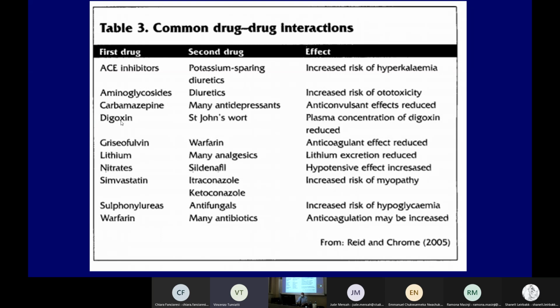Also digoxin, you know, digoxin is a natural product, and digoxin is very toxic. And so we have to check very carefully the fraction of free digoxin inside the body, because we can block the heart muscle movement.